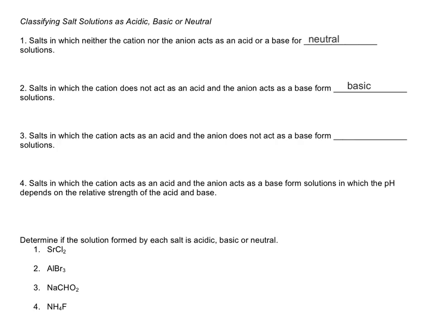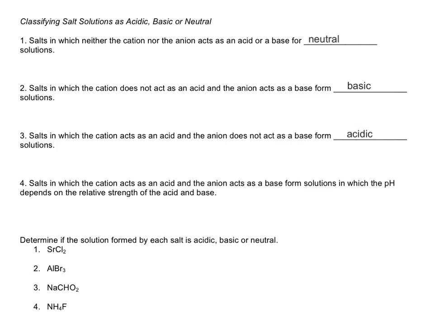So, for example, F-, which is the conjugate base for a weak acid, those would form basic solutions. If you have a salt in which the cation acts as an acid, but the anion does not act as a base, then you would get an acidic solution. An example of this would be something like an ammonium ion as a cation, and chloride ion as your anion.